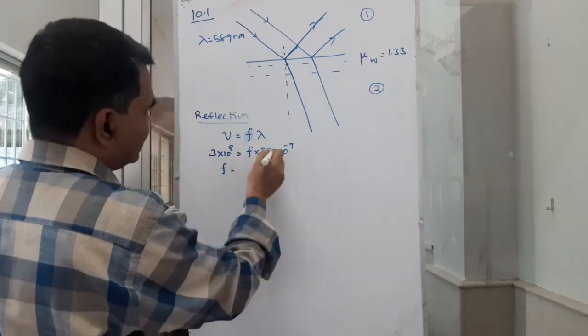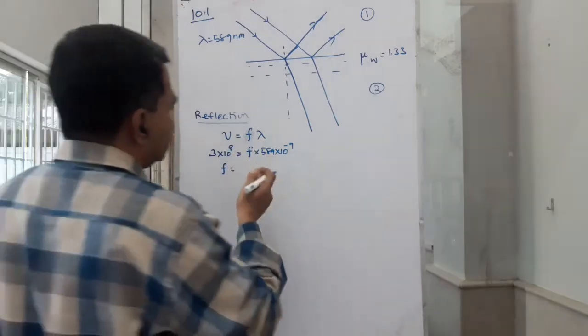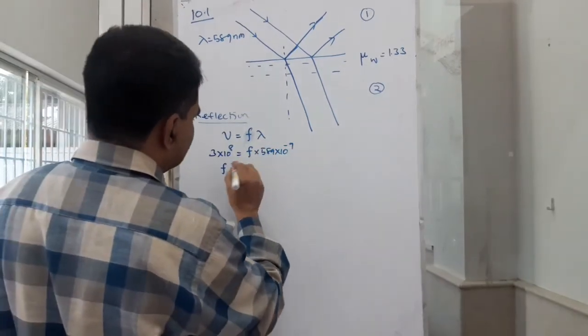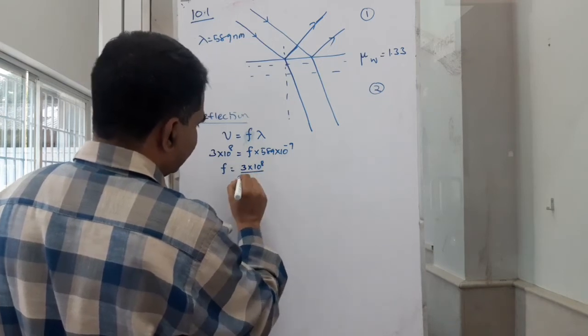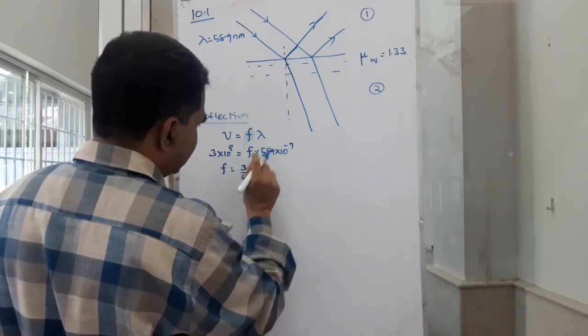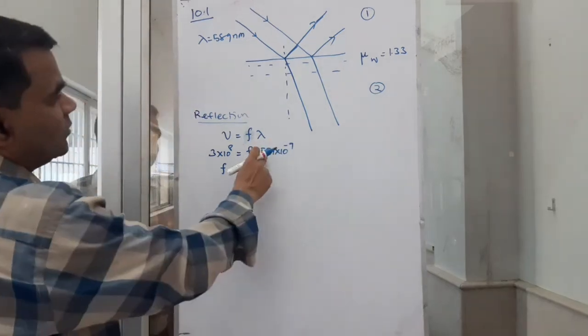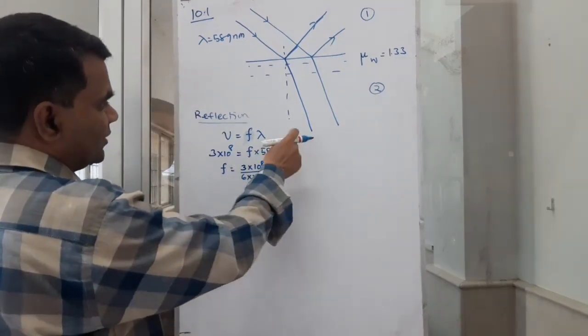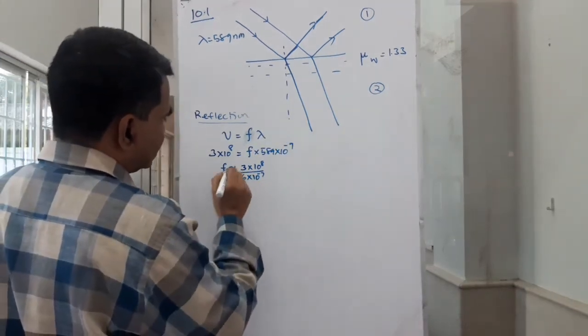Now 589 is almost 600, so I can say it is 3 into 10 power 8 divided by 6 into 10 power minus 7, roughly, approximately.